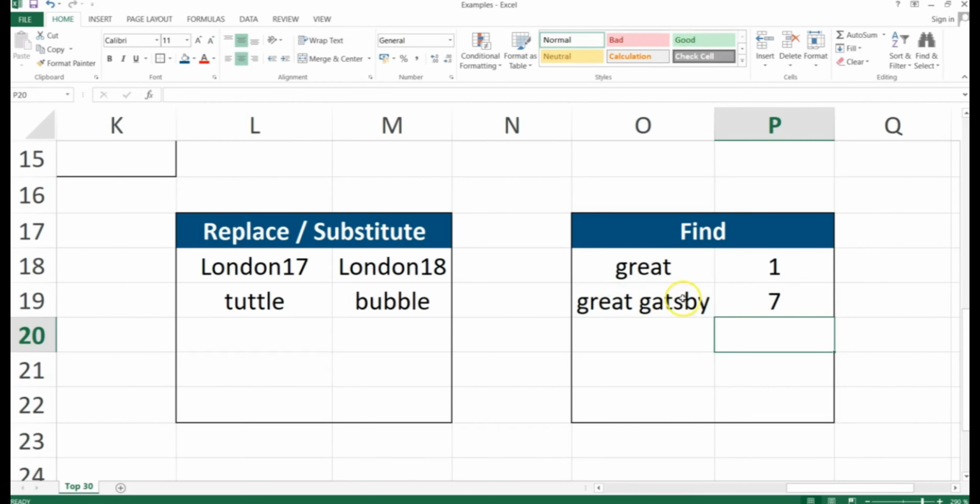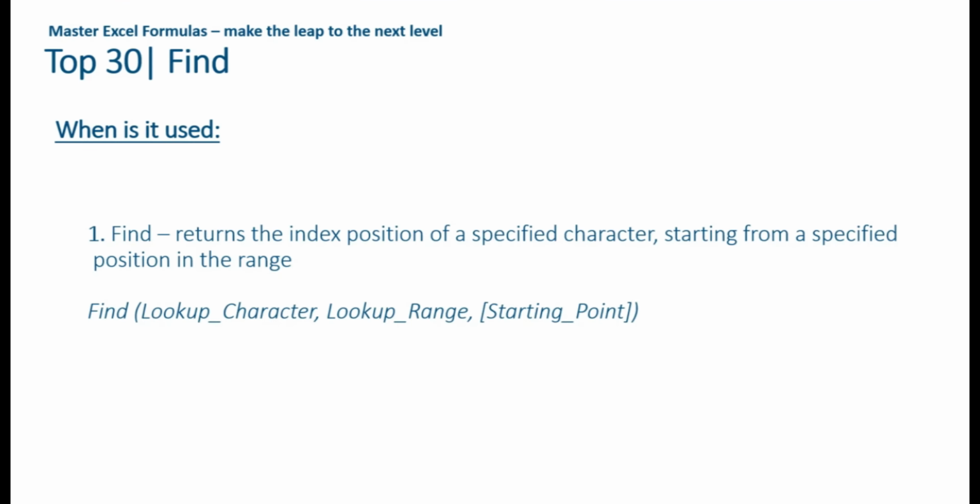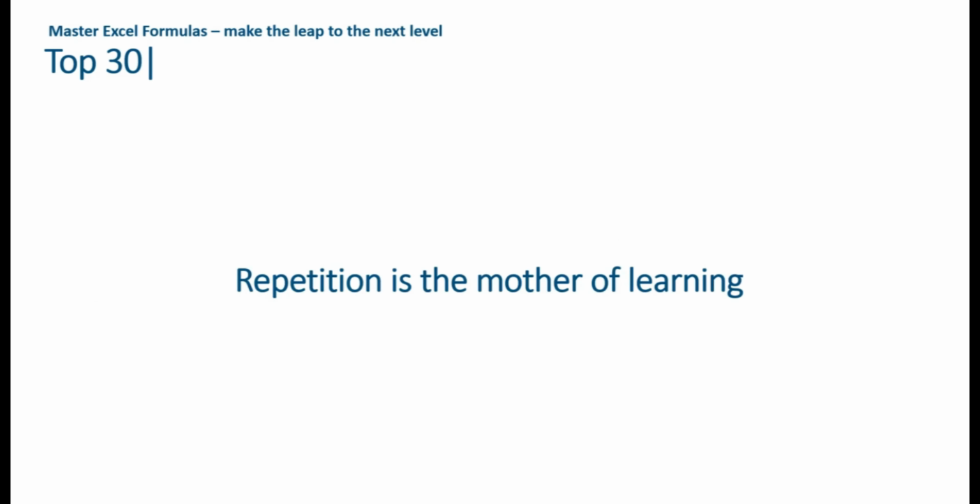Now you can see that the next index position for G is actually in character 7, because we have 5 here. Great obviously has 5 characters. Then we have an empty space, which is the 6th character, and then the 7th position is actually G.